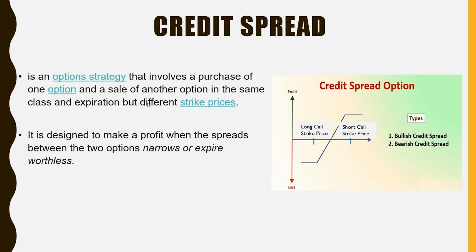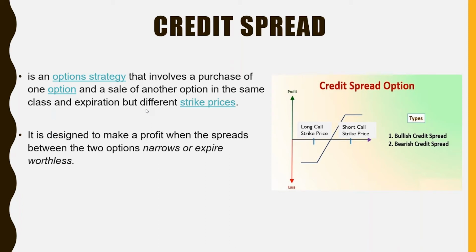So it's the credit spread. The strike price is the difference. The rest is the same expiration, same stock. So that's the credit spread. The intention is to collect more premium than what we pay for on the other strike price.